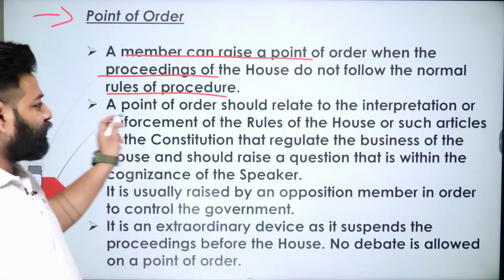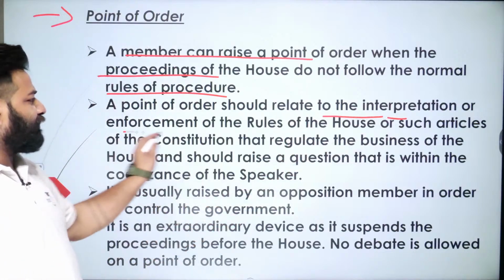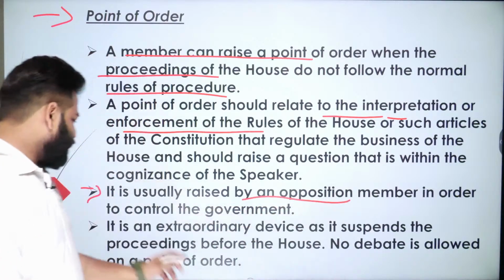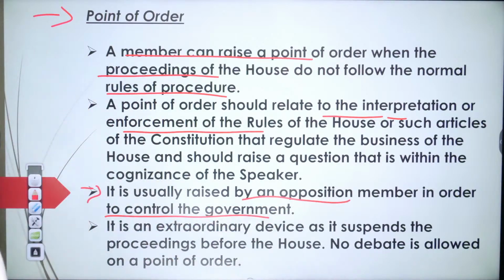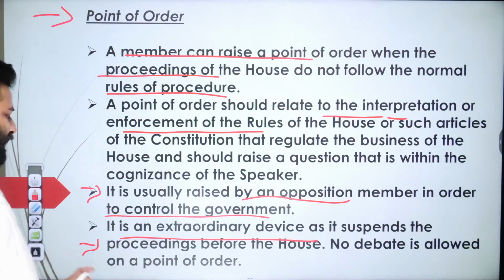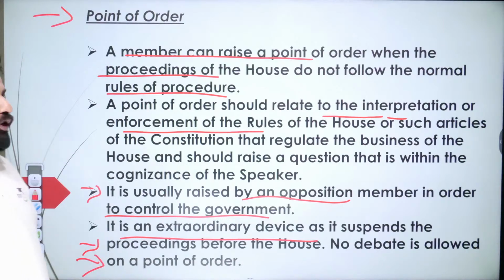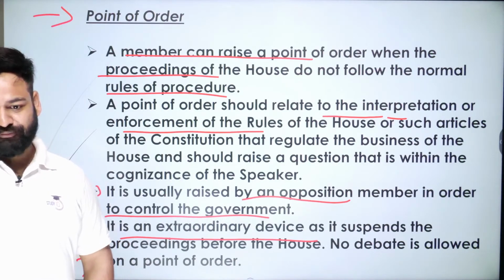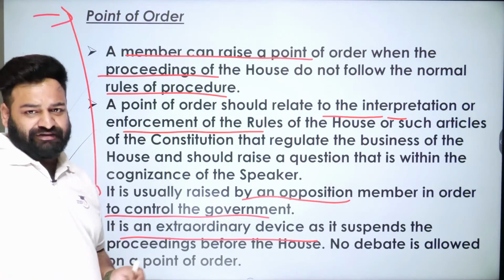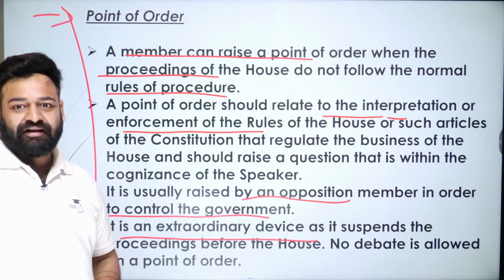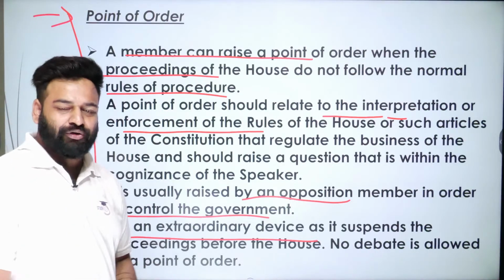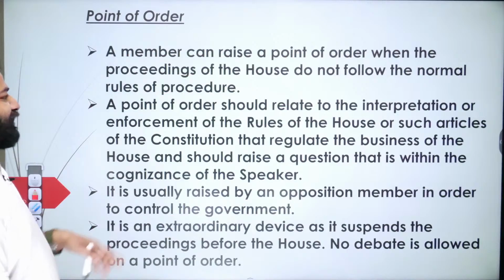A point of order should relate to the interpretation or enforcement of the rules, and it is usually raised by an opposition member in order to control the government. It is an extraordinary device as it suspends the proceedings before the House, and no debate is allowed over a point of order motion. So basically whenever a member feels that the general proceedings or protocols, the proper rules, are not being followed, then a point of order motion can be initiated.